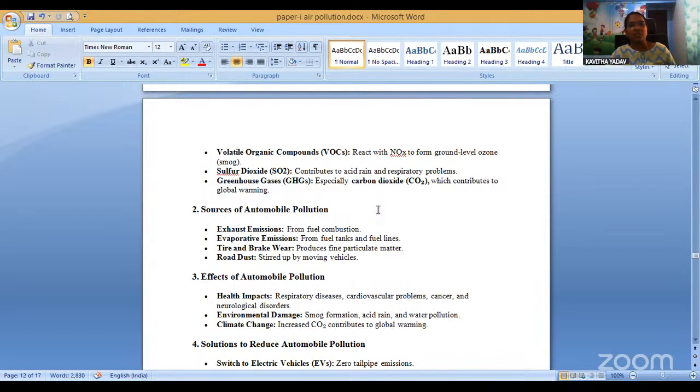The next one is tire and brake wear, which produce fine particulate matter. Next is road dust stirred up by moving vehicles. These are the sources of automobile pollution.